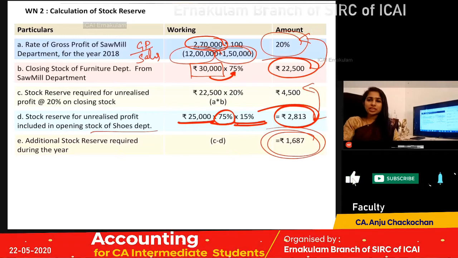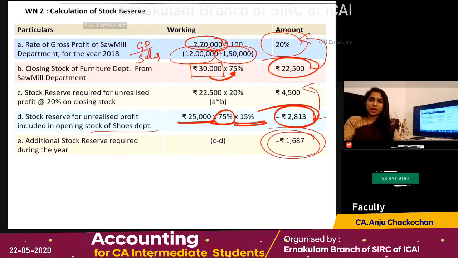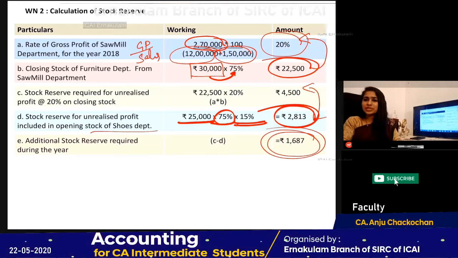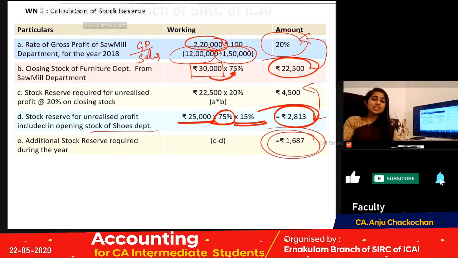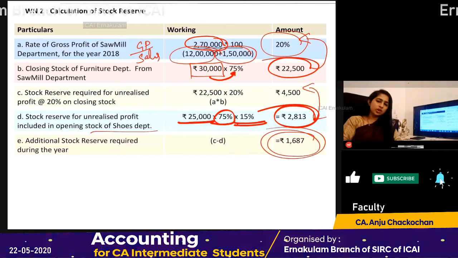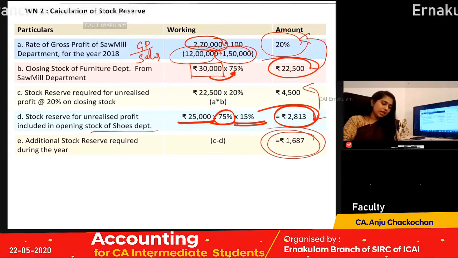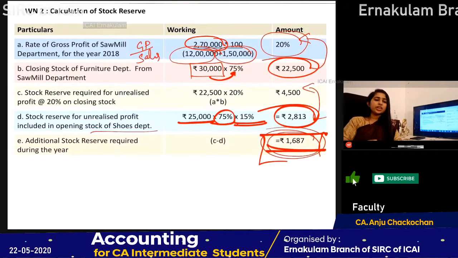Of the total closing stock, only 75% relates to the other department, so you multiply it with 75% and then the GP percentage to get the stock reserve on closing stock. A similar process applies to the opening stock also. Then take the difference so that you get the final stock reserve as 1,687. Everybody, please drop in a message if you've completed this or not.